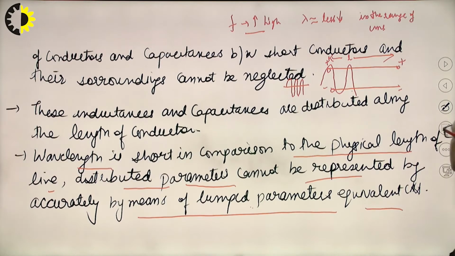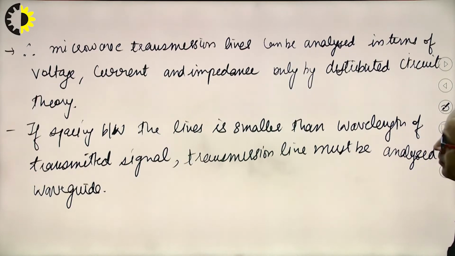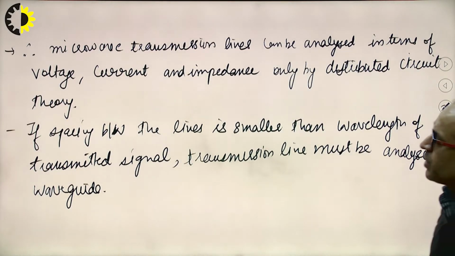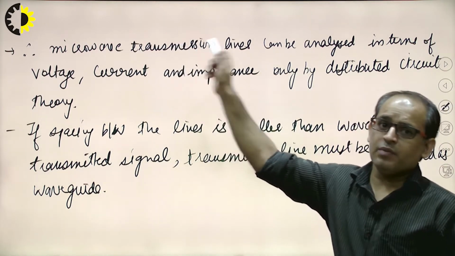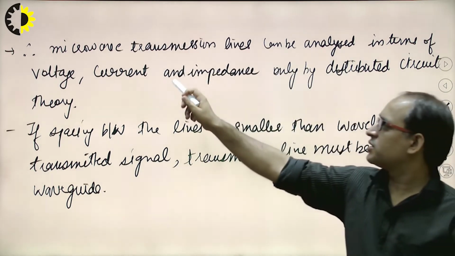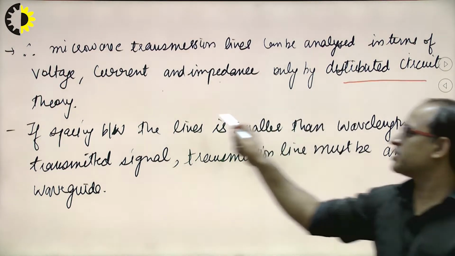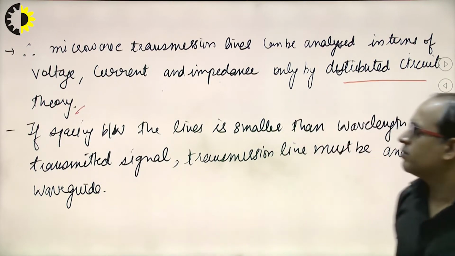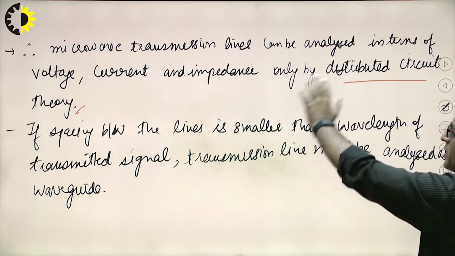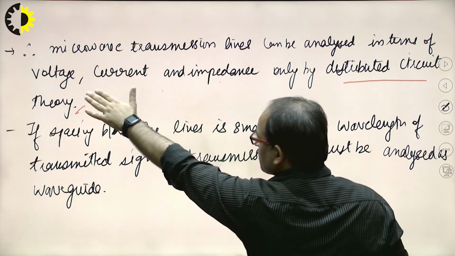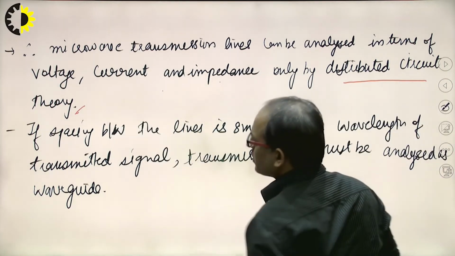Now see, a microwave transmission line can therefore be analyzed in terms of voltage, current and impedance only by the distributed circuit theory. Means the analysis of a microwave transmission line can be expressed in terms of voltage, current or impedance only by the distributed circuit theory.